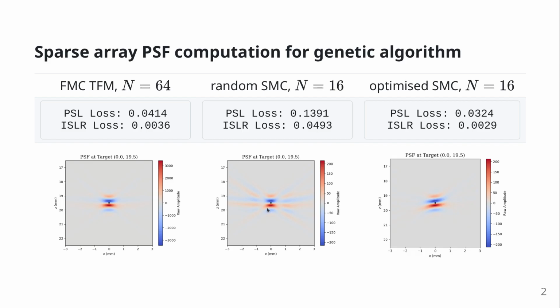And you can also see that based on the point spread function. So you see that there's a lot of mass, or basically the acoustic energy outside of the center. So this central part is where we want all the energy to be. So here I'm showing the signed magnitude of the amplitude, and you need to square that to get the actual energy.